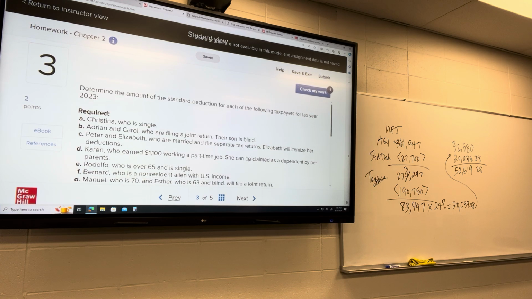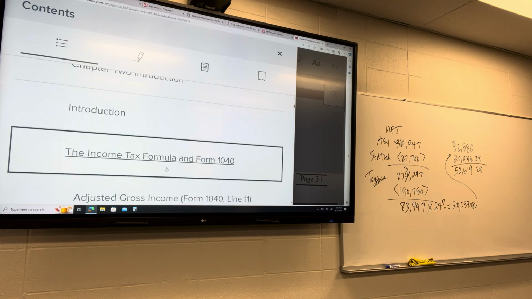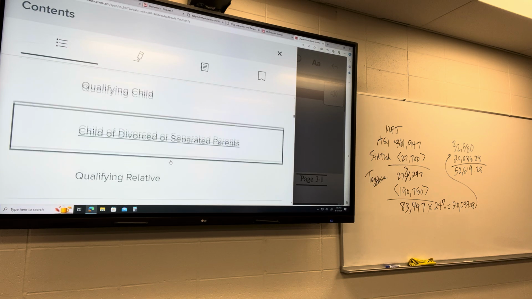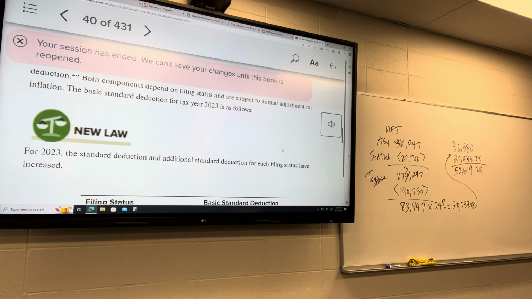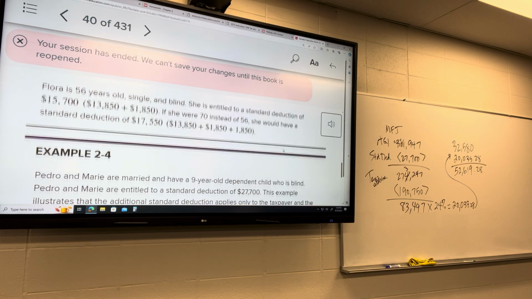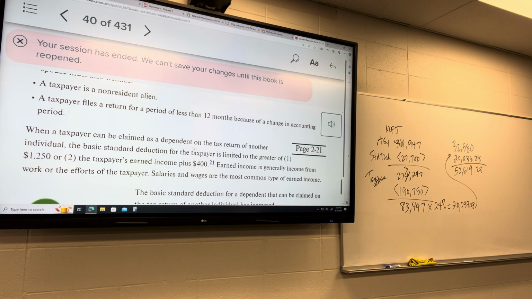So remember, let's go back to our chapter. For standard deduction, when a taxpayer can be claimed as a dependent on the return of another, the basic standard deduction for the taxpayer is the greater of $1,250 or the taxpayer's earned income plus $400.